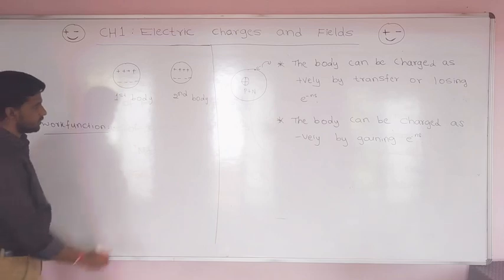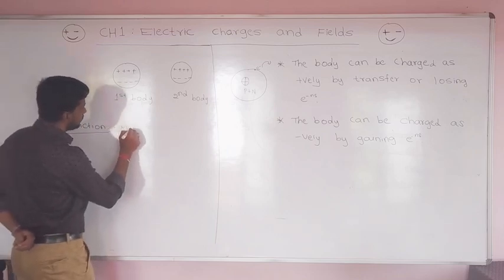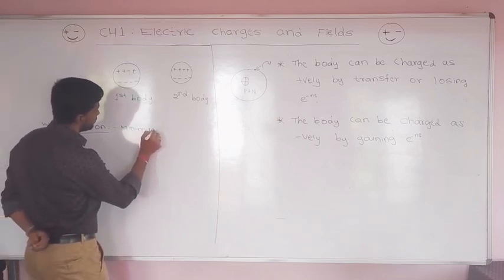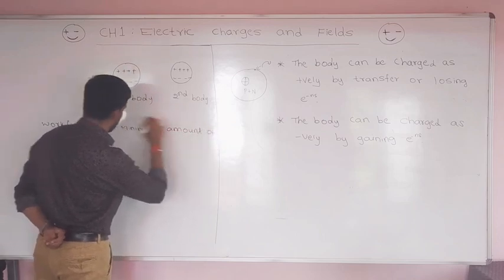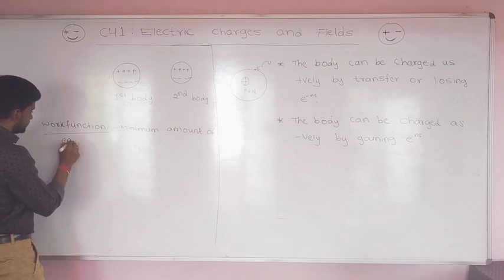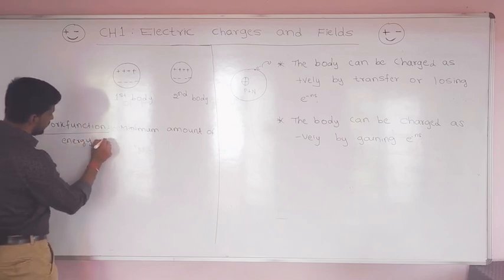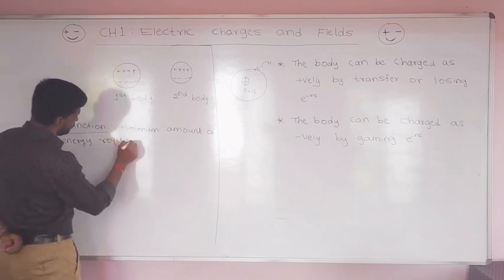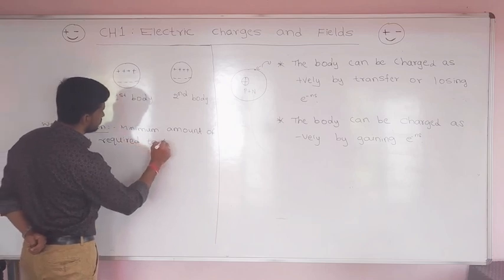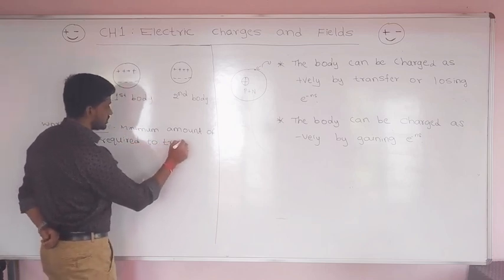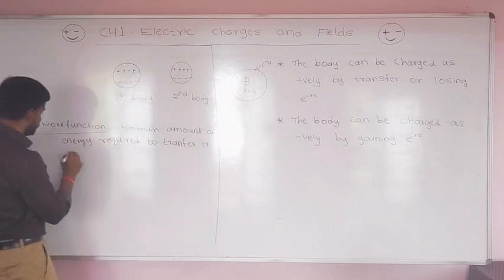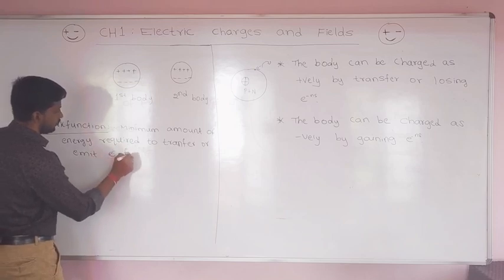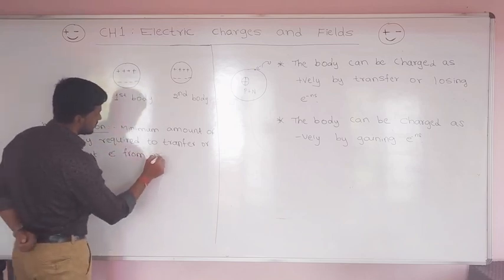Work function is nothing but the minimum amount of energy required to transfer or emit an electron from a metal surface.